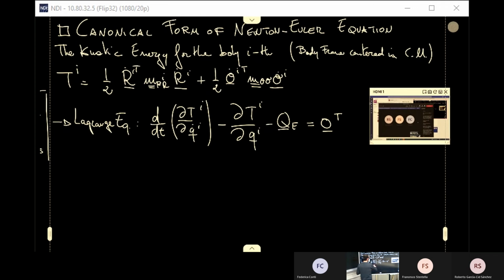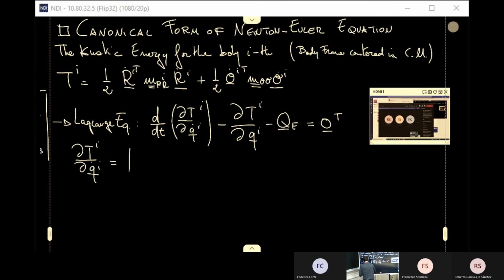So let's derive these two terms. We have the derivative of T_i over q_i dot. We have said already that when you derive something with respect to a column vector, you get a row vector.